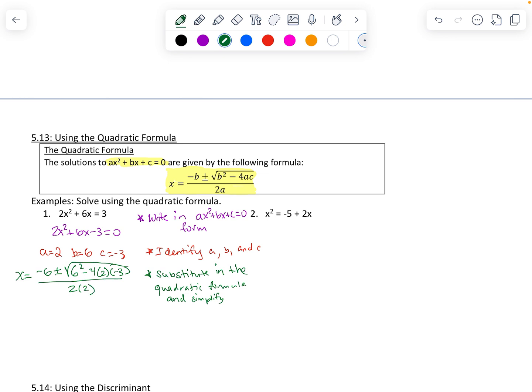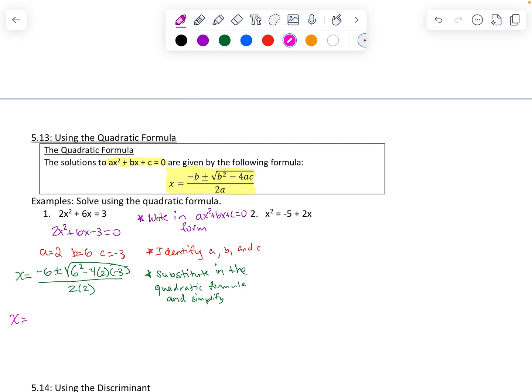So we substitute it into the formula. The last thing that we're going to do, and this is normally one of the hardest parts, where people make the most mistakes, is we have to simplify.